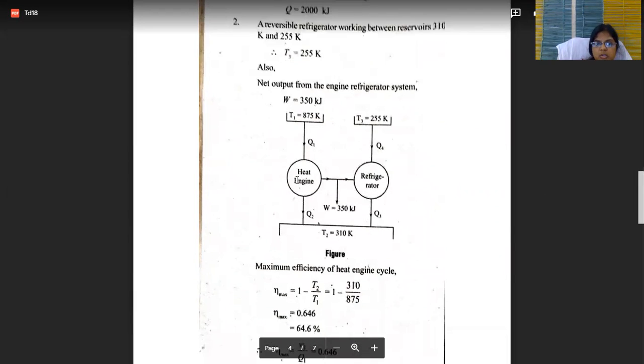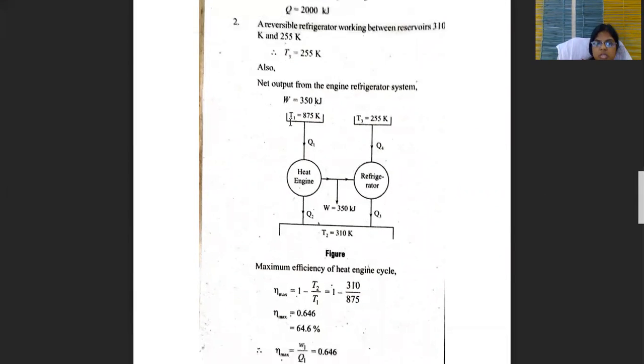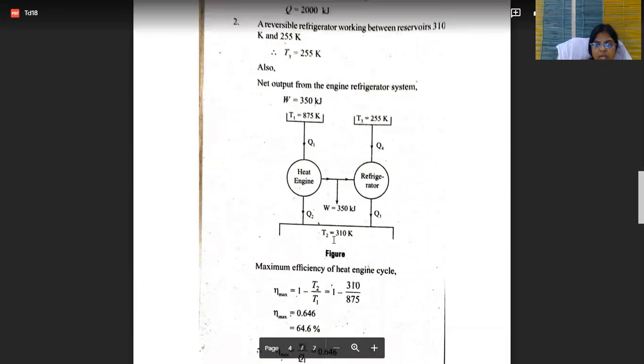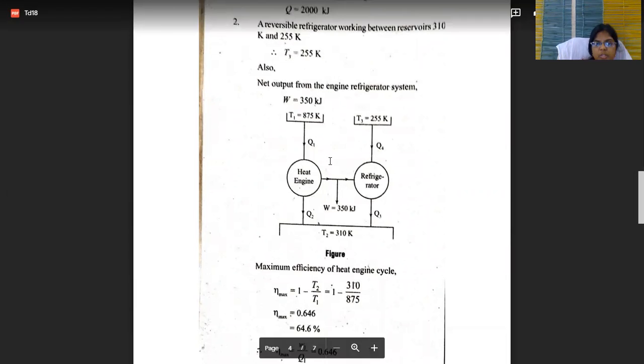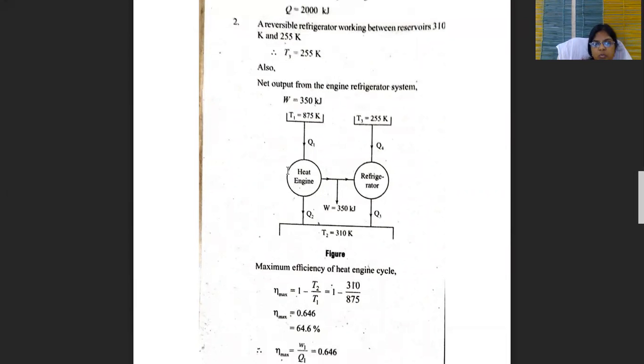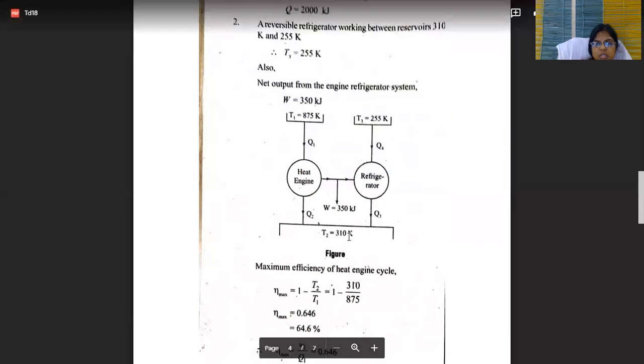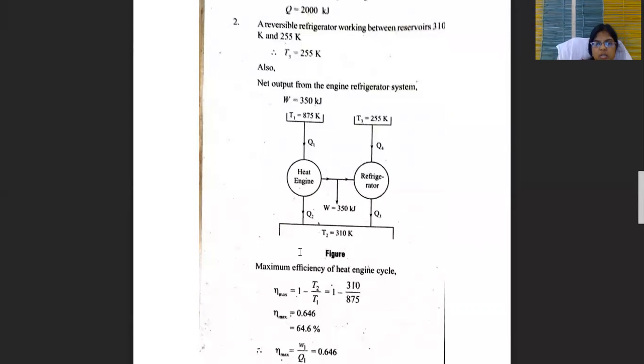Here it is a heat engine, with source temperature T1 equal to 875 and a lower temperature of 310 Kelvin. Heat flows from higher temperature to lower temperature in a heat engine. Here 875 is the higher temperature and 310 is the lower temperature.